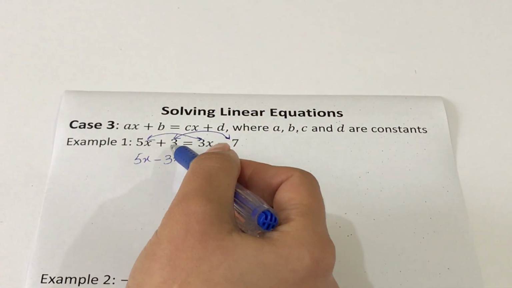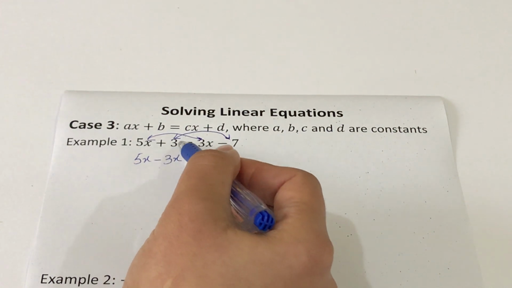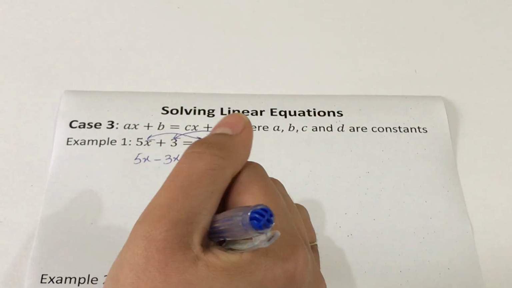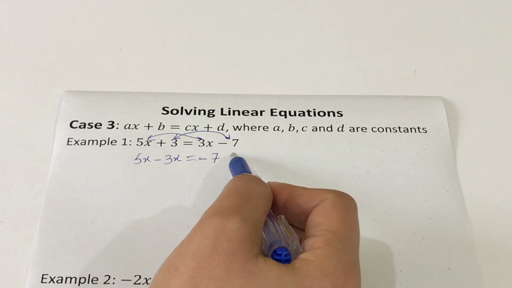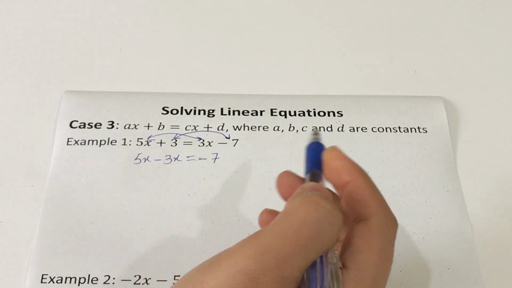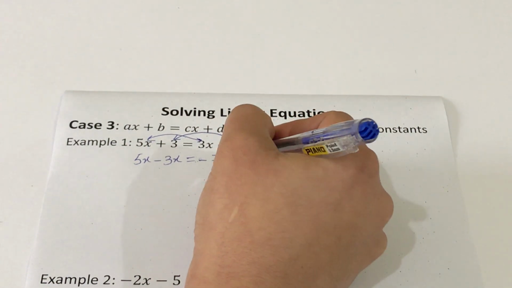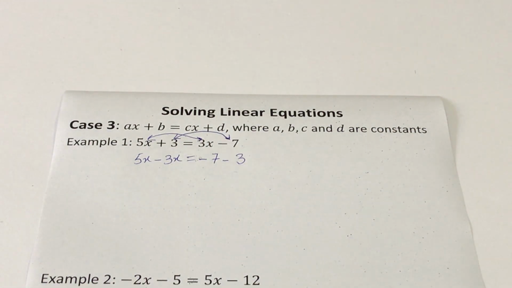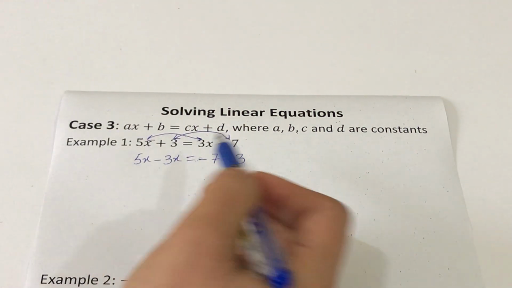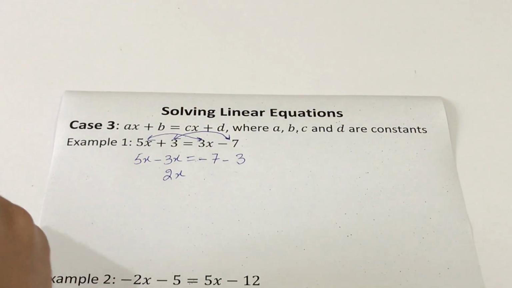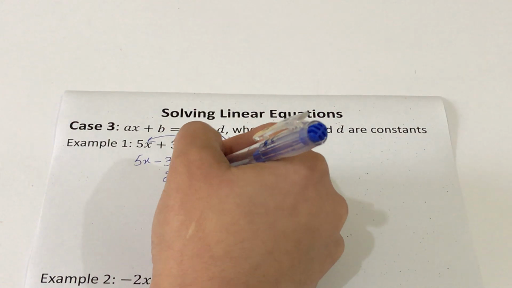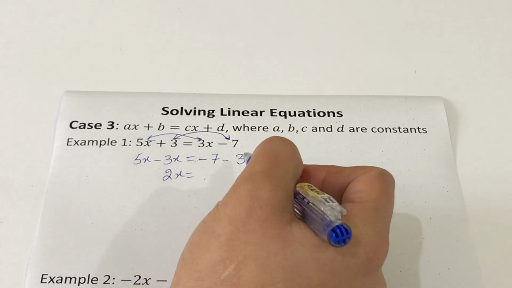Now I will shift this constant term plus 3 to the right hand side, and 3 is positive here, so it would be negative on right hand side. So now our equation is 5x minus 3x is equal to negative 7 minus 3. 5x minus 3x, yes, it's 2x, is equal to negative 7 minus 3.